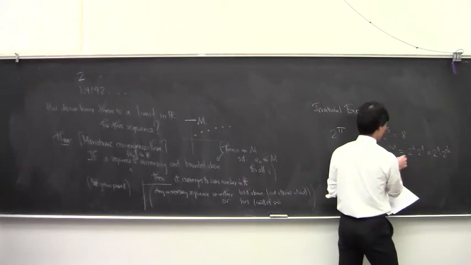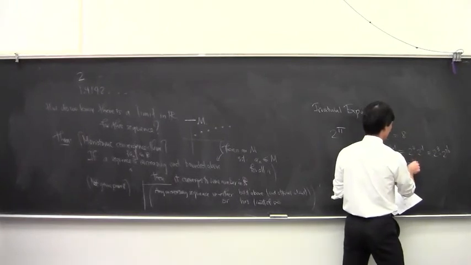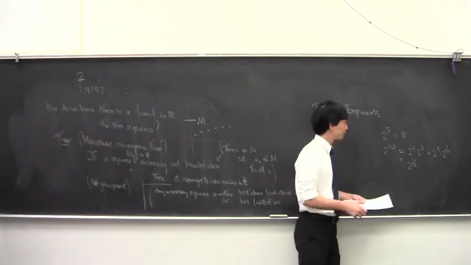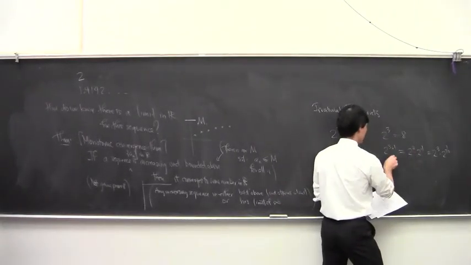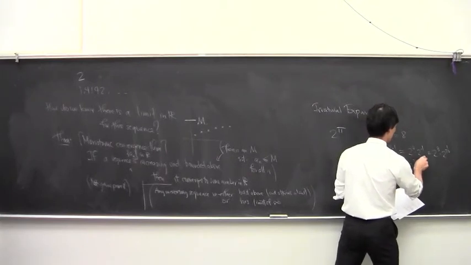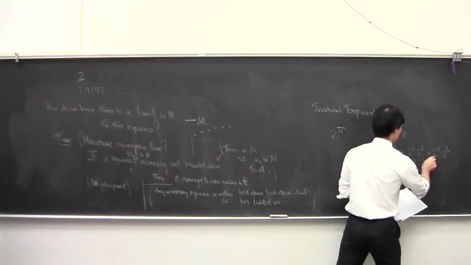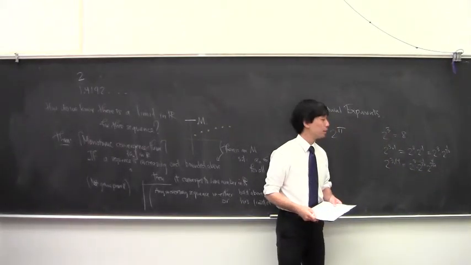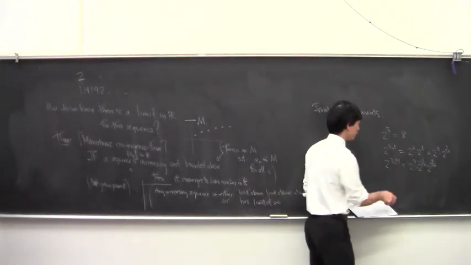The same thing as 2 to the 31 tenths. And then 2 to the 3.14 is going to be 2 to the 3 times 2 to the 1/10 times 2 to the 4 100ths.